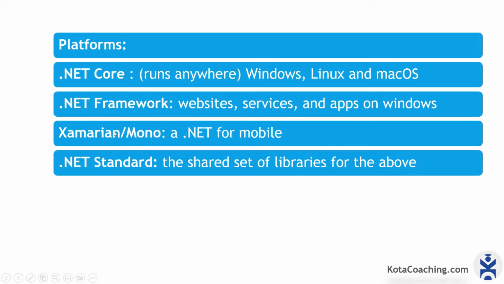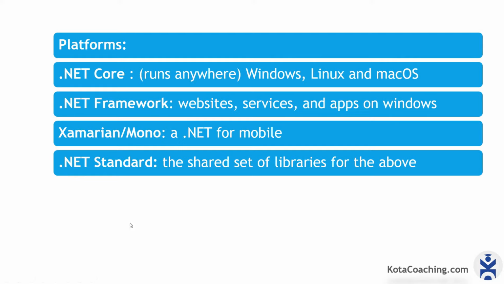Next one you see Xamarin. If you want to create mobile applications, you can use Xamarin, where you can build mobile applications for iOS, Android and Windows. And the last one is .NET Standard. So all these are the platforms. .NET Standard is the shared set of libraries for the above.